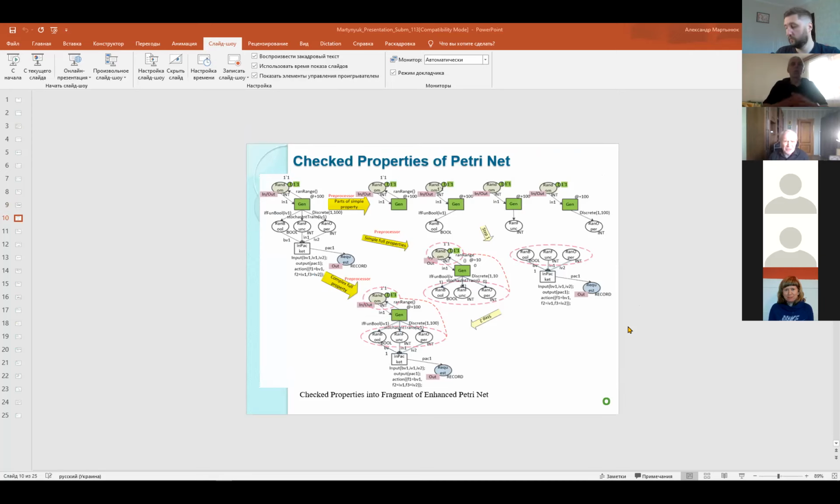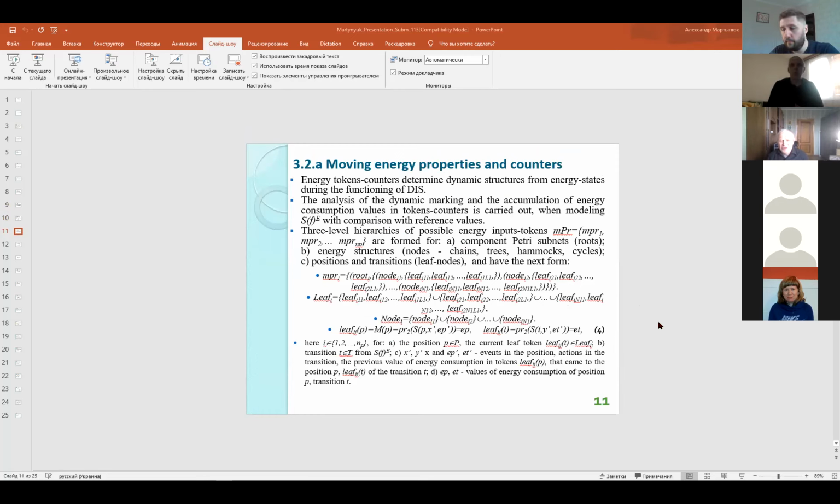This picture demonstrates the checked properties of extended battery nets and this cascade. Energy token counters determine dynamic structures from energy states during the functioning of these.